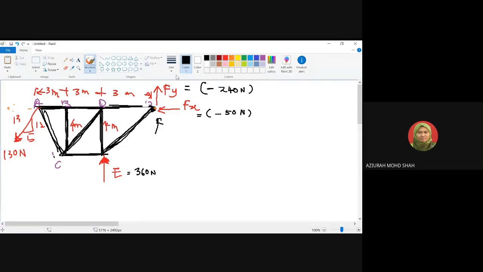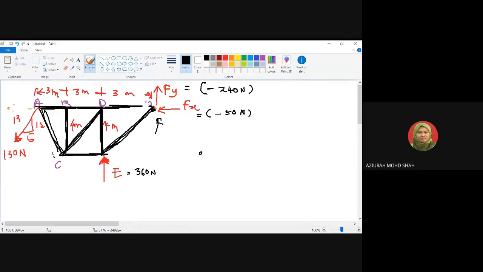Okay, you nak tahu unknown force berapa banyak ke tak? Dan you kena imagine lah. Okay, tak payah draw dulu FBD dia. But you have to imagine contoh. Okay, kalau ada member AB, macam kat sini ada 2 member. So ada 2 unknown lah because we do not know member AB, we do not know member AC. So we have 2 unknown.